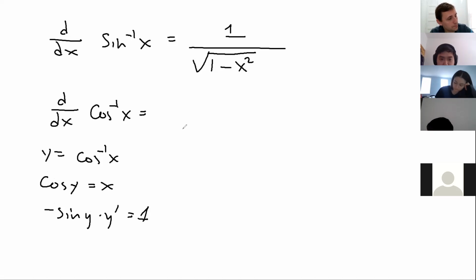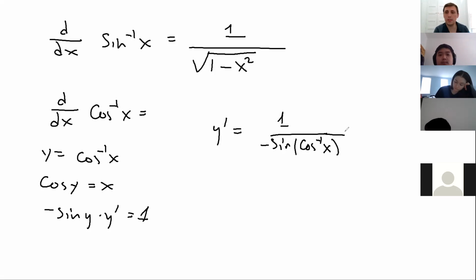And so y prime is equal to 1 divided by minus sine of cosine inverse x. Everybody agrees with this calculation so far?